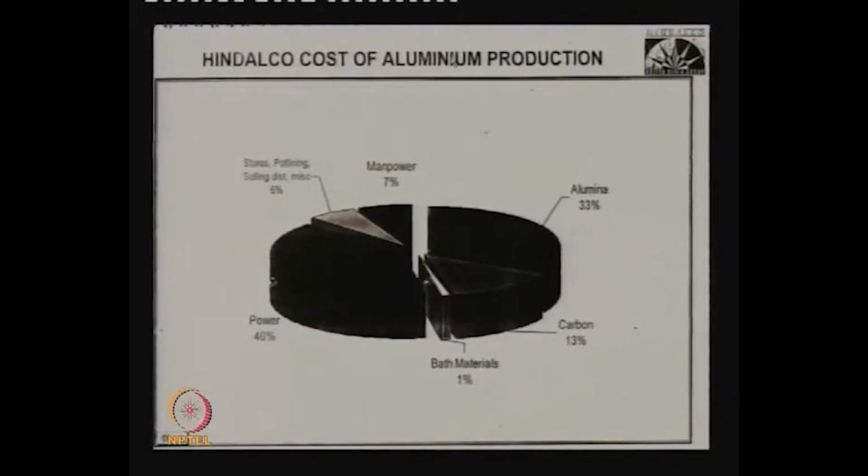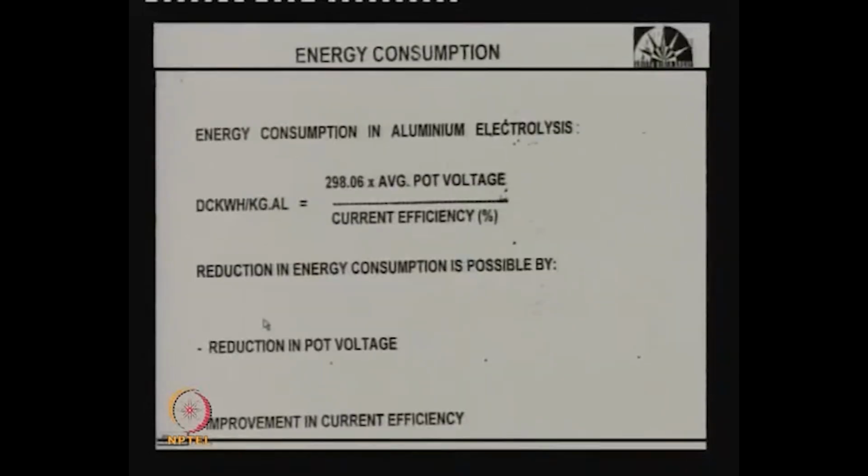We gave a cost breakup. The most important thing is to show that according to the figures given, in aluminum production at Hindalco, power is 40% of the total cost, and that you see why aluminum is so very sensitive from the energy point of view.